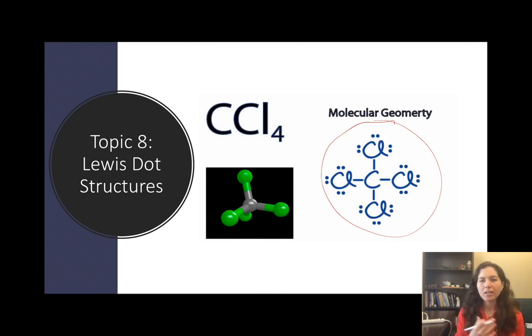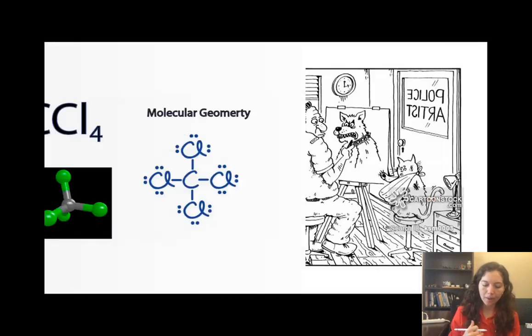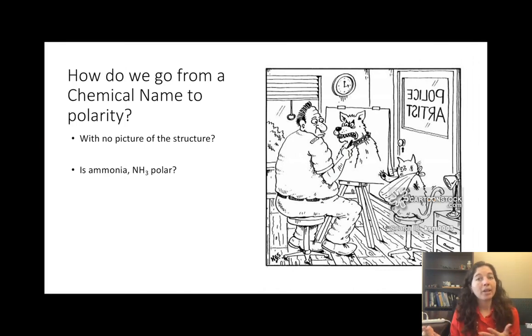So we had talked last chapter about determining whether a chemical is polar or nonpolar, right? We had talked about ammonia, NH3. If you're just given NH3 and asked, is it polar or not?